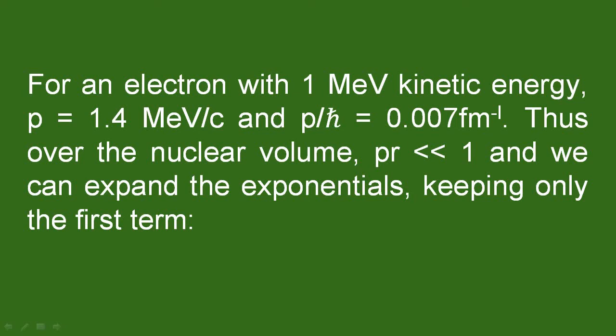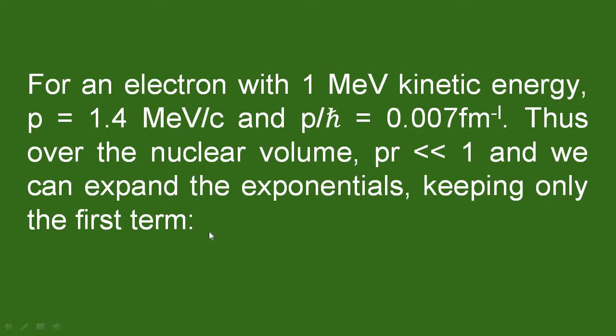That means p by h cross has the dimension of 1 by r. It is a very small value. Thus, over the nuclear volume, pR, since R is also very small, pR will be much less than 1, and we can expand the exponentials keeping only the first term.